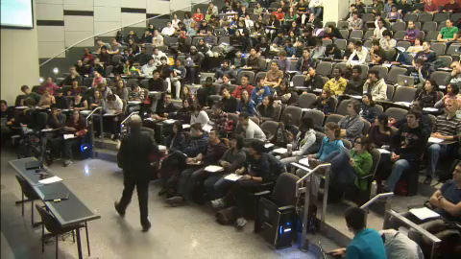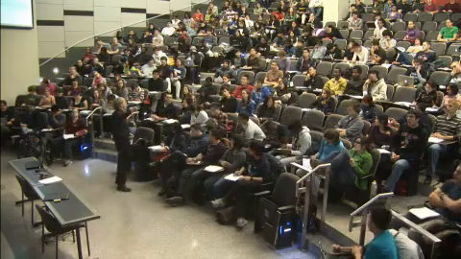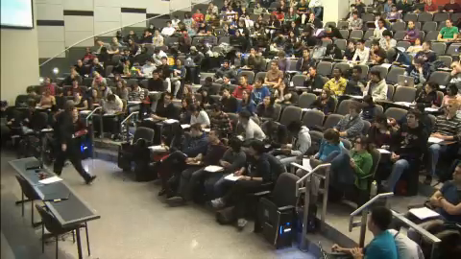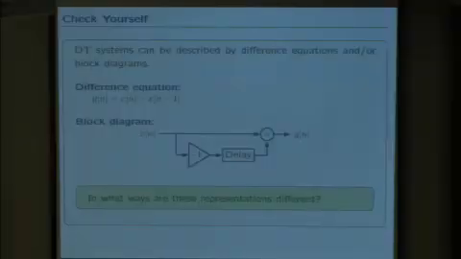The input and output are explicit. Yes. The arrows are the big difference. You can't tell from the difference equation what's the input and the output. You can tell from the block diagram what is the input and the output by the direction of the arrows. So there's more information in the block diagram.